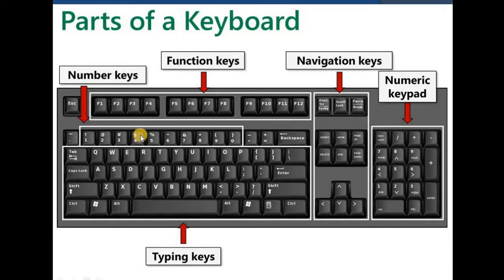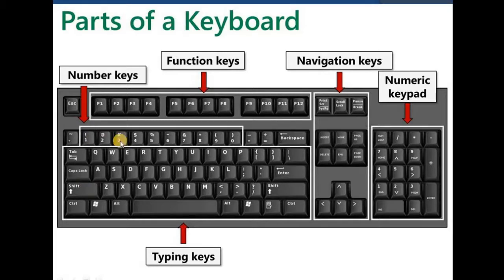And we have the numbers here, and above those numbers we have these special symbols. Let us say I want to put the @ symbol or the hash symbol. If I just press these buttons, 2 and 3 will appear on the screen or in the Word document. But if I want to use @ or hash, I have to press the Shift button and then click on this @ or 3.